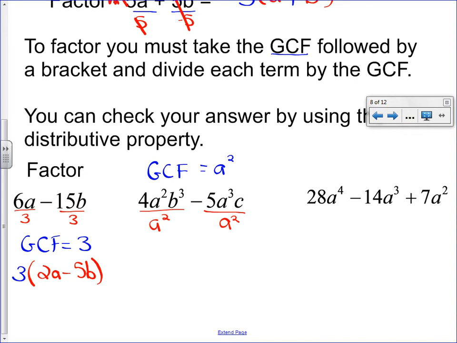So when I write my answer, I'll take my greatest common factor, which is a squared, and I know I'm going to have a bracket. Okay, what do I write now? How do I factor out these variables? What do I write, Austin?